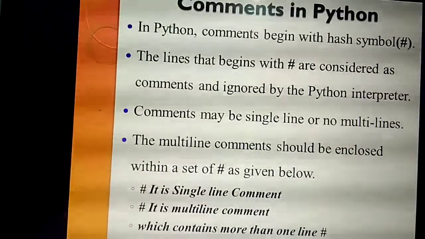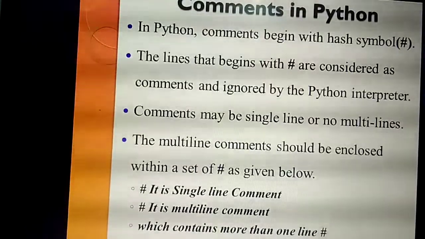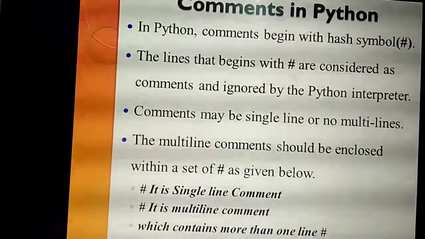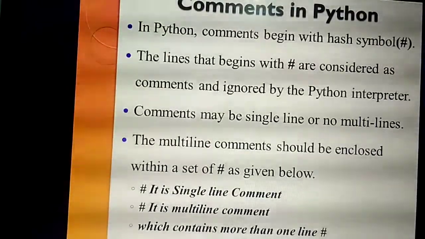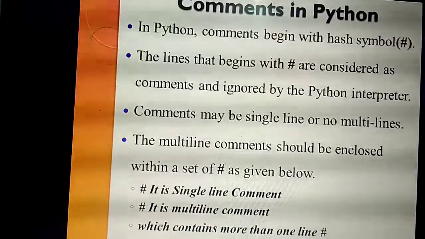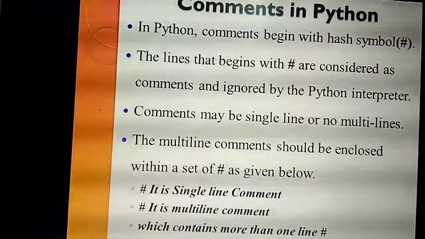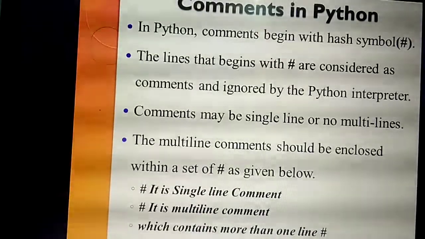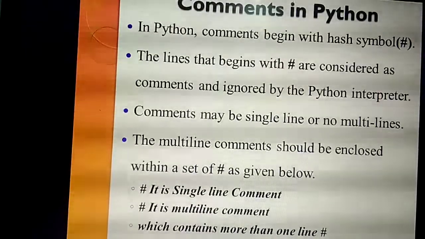The compilation step is skipped. That's the use of an interpreter. So while running the program, the interpreter won't consider that line as a programming line. These comment lines can be given as a single line or multiple lines also.